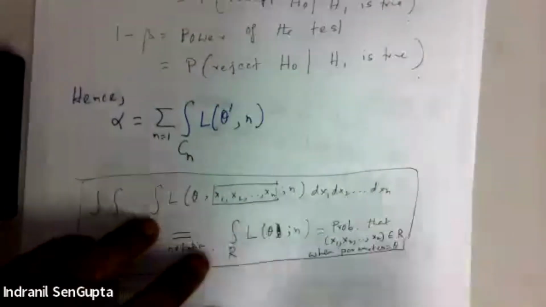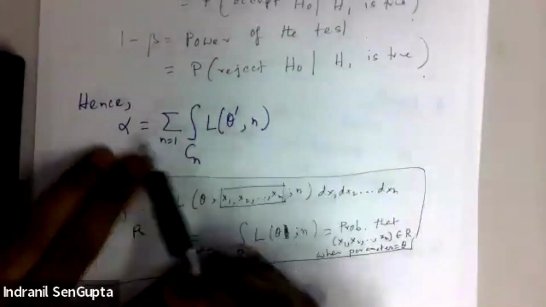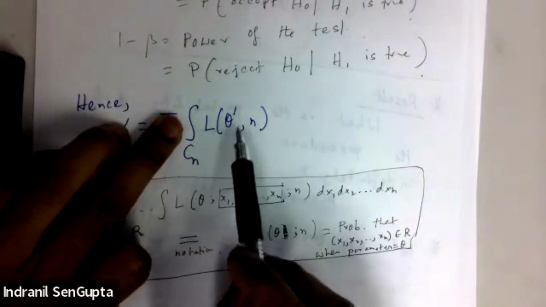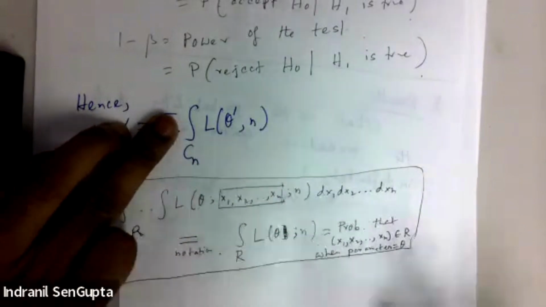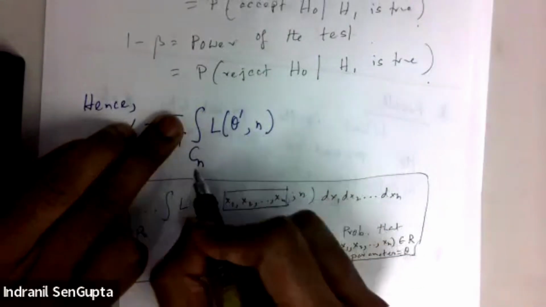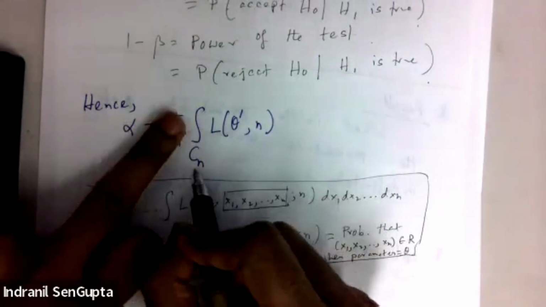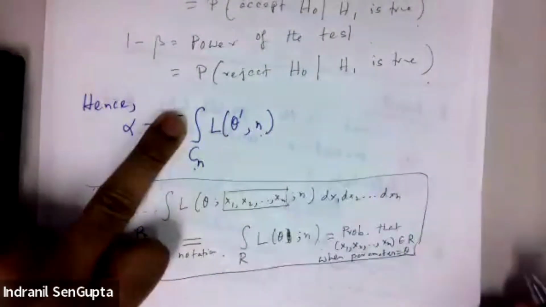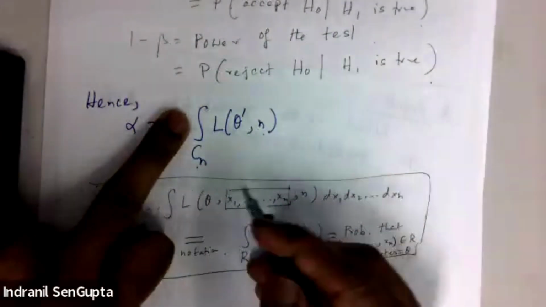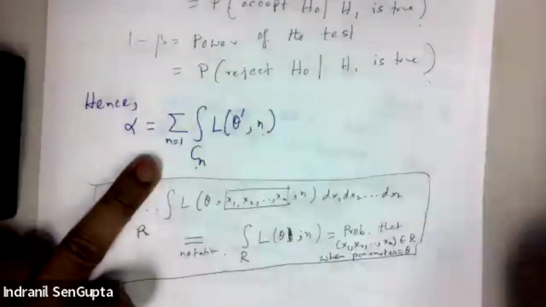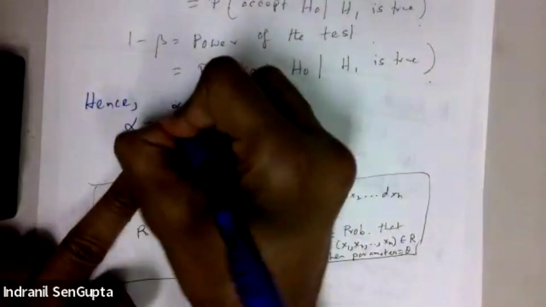Now we are rejecting the null hypothesis provided the values of x1, x2, xn are in Cn, so that's when we'll reject it. But this n can be anything: 1, 2, or infinity. There are no restrictions on n, so it's n from 1 to infinity.